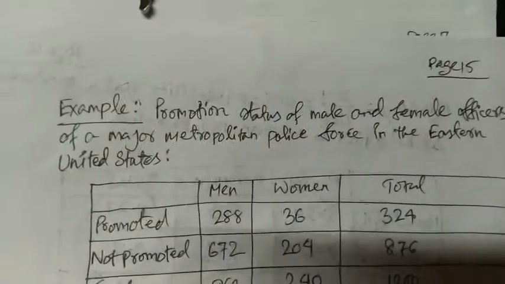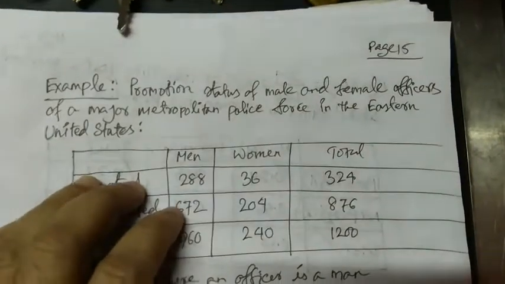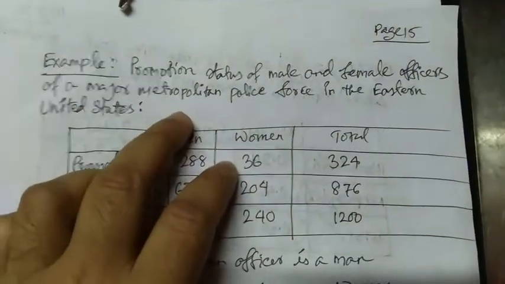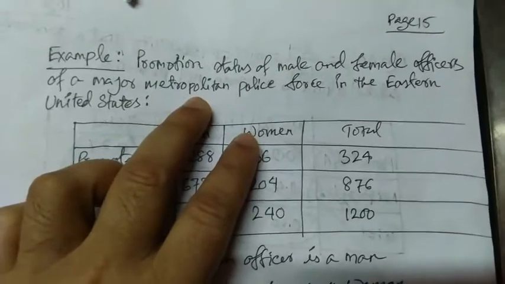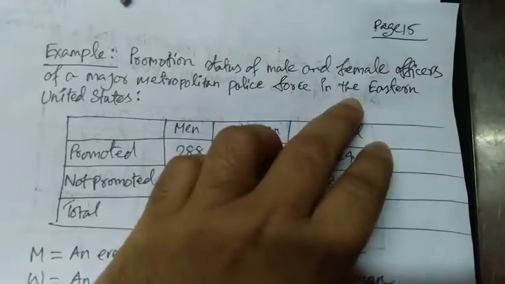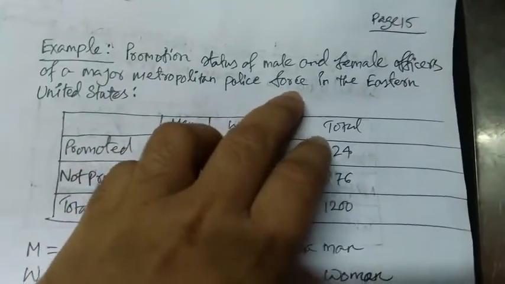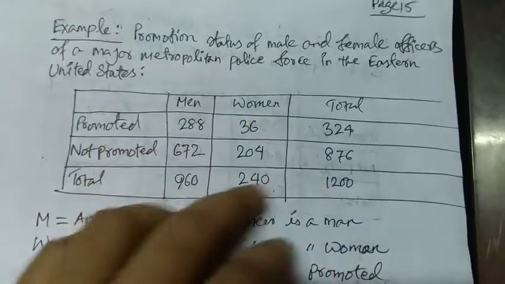Now let us move to page 15. Let's see, we have an example here. The promotion status of male and female officers of a major metropolitan police force in the eastern United States is given there.